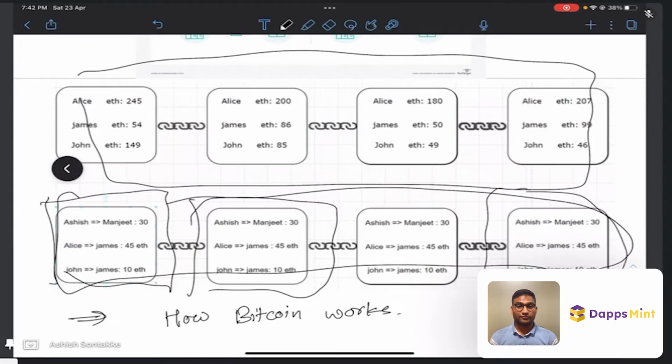Before adding it, we just add new transactions, like this guy sent Manjit 30 maybe Ether, maybe Bitcoins, and we add a list of such transactions, and we add this block to a chain. Once it is added to the chain, we cannot modify it. So in what format is that information? It is in the form of a list of transactions.